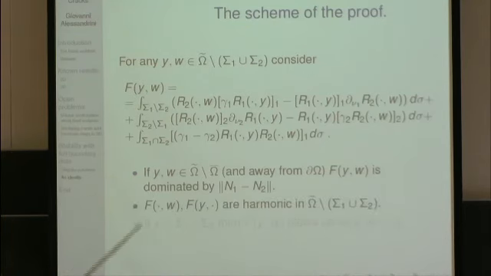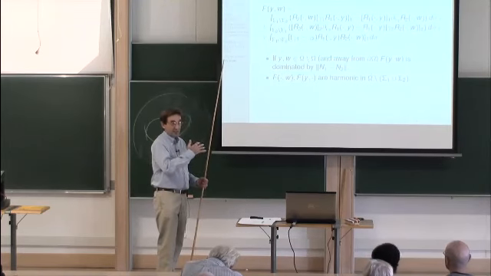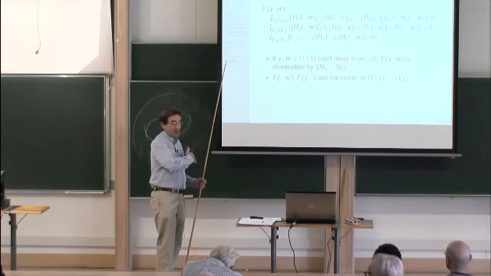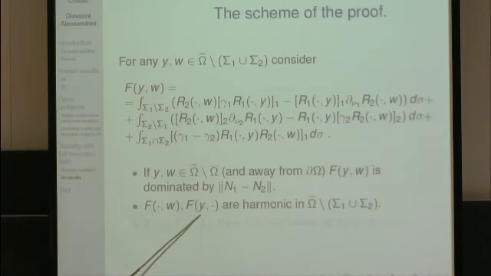And then I repeat what I have already said. F is separately harmonic in these two variables, and so this allows me to use estimates of unique continuation starting from points y and w, which are outside, and carrying them inside. I may obtain that also these functions here are small even if y and w get into omega. I'll come back to this in a second.